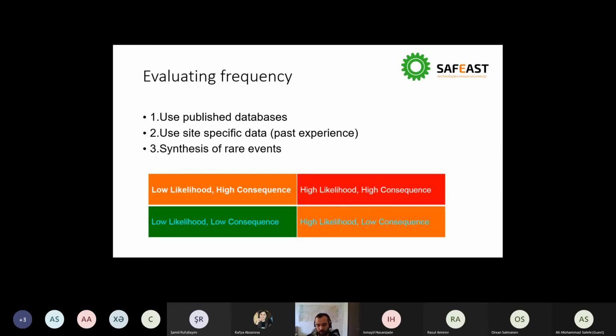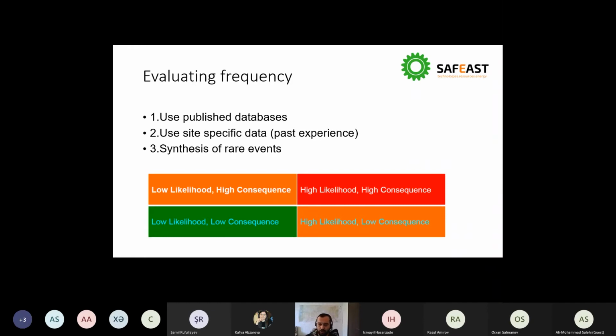Whatever happened to you could give you a good understanding of the likelihood. But for certain rare events which have never happened, you will need to use a synthesis of these two methods, basically using the published data and synthesizing it with your site specific data to understand the actual frequency applicable to your site, your specific case.